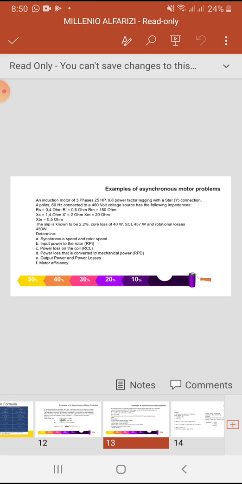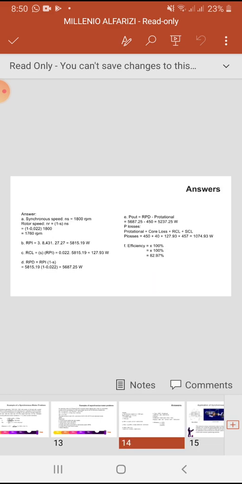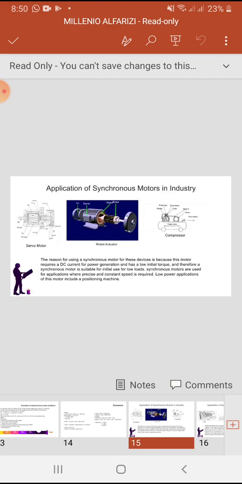B. Input power and rotor input power. C. Power loss on the coil. D. Power that is converted to mechanical power. E. Output power and power losses. F. Motor efficiency. This is the answer of the examples.